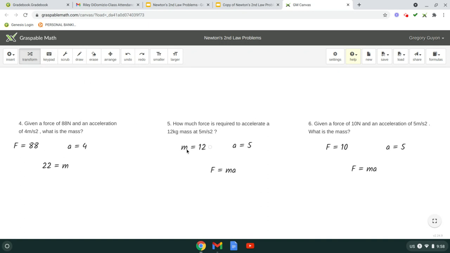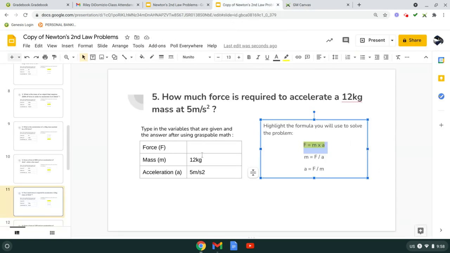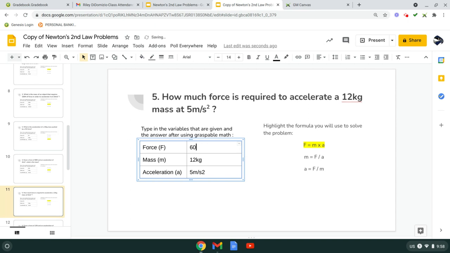Now I can solve. I put my m in, I put my a in, and click on my parentheses to get rid of them. Then you're just clicking on the dot to get it to do the math. So 12 times 5 gave me 60. Go back in here, and the force is 60 newtons.